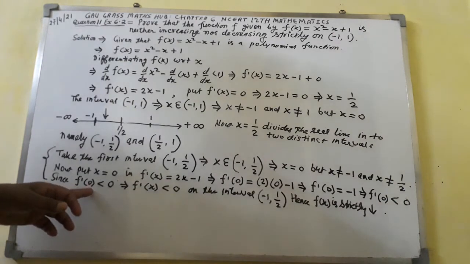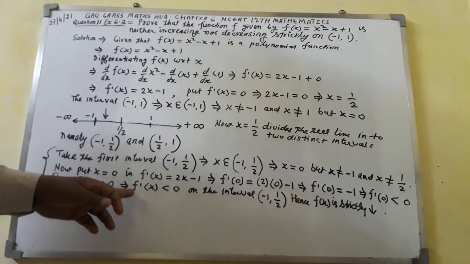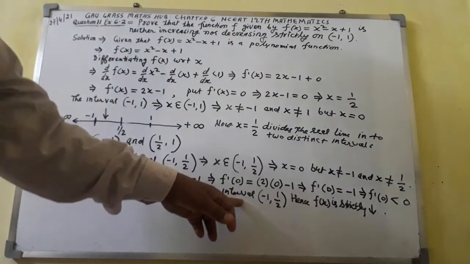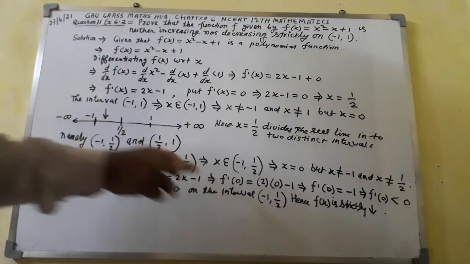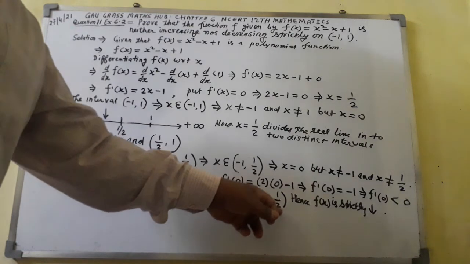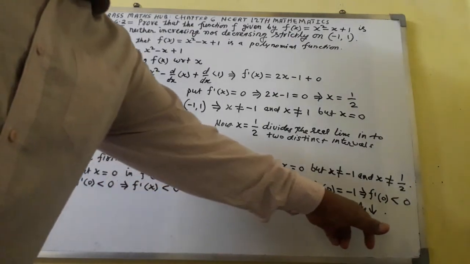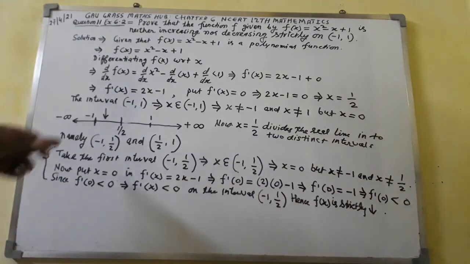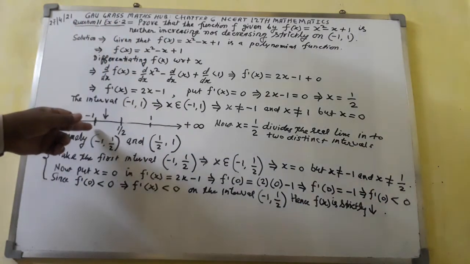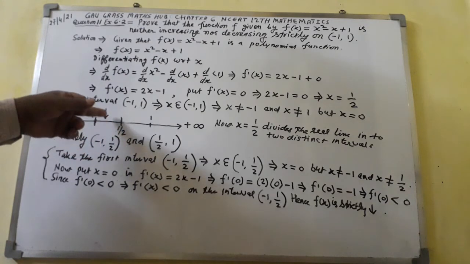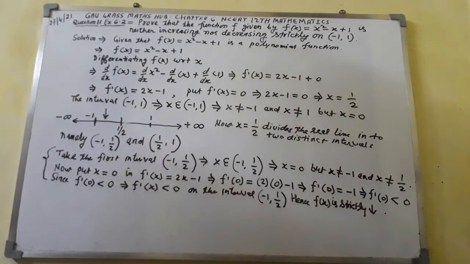In the open interval -1 and 1 over 2, f of x is strictly decreasing.